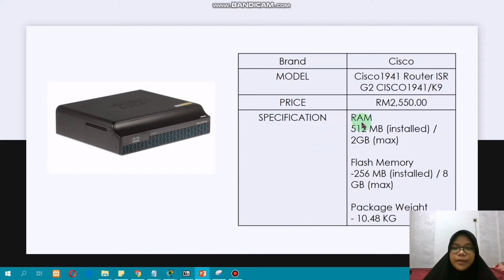Specification: RAM 512 MB installed and 2 GB max. For the flash memory, 256 MB installed, 5 GB max, and package weight 10.48 kg.